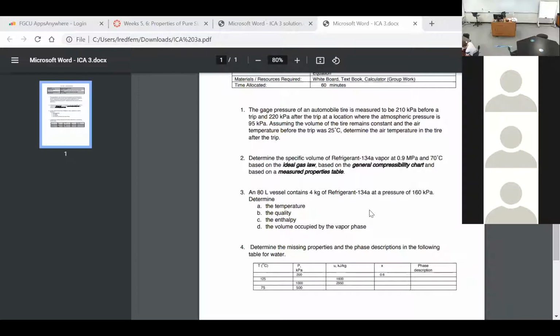I think 0.9 megapascal is fine. And for the first one, we had to bring 0.9 kilopascal. You leave it as negative, so you're good for the P.